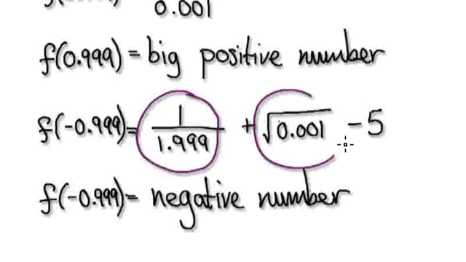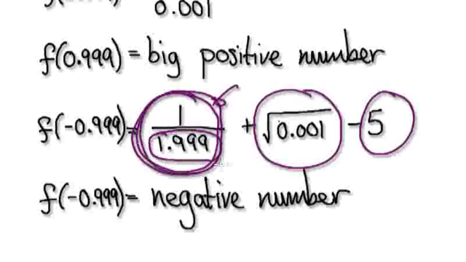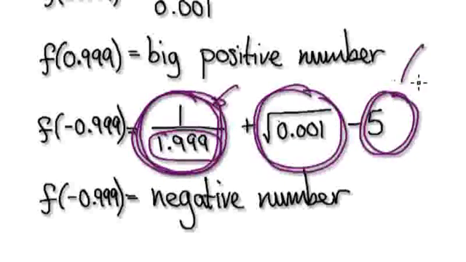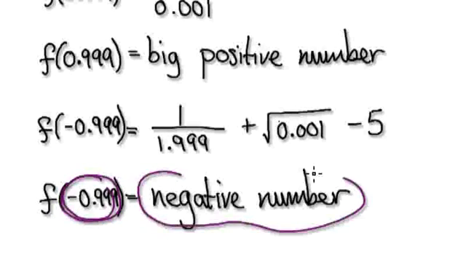So you've got this plus this, take away this. This here is roughly a half. You see, this is like the number 2 here. So this is like near a half plus a tiny amount, and then take away a massive amount in comparison to these two here. So the point is that when x is negative 0.9999, this thing here will be a negative number.